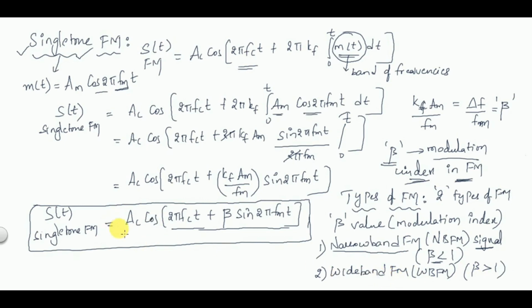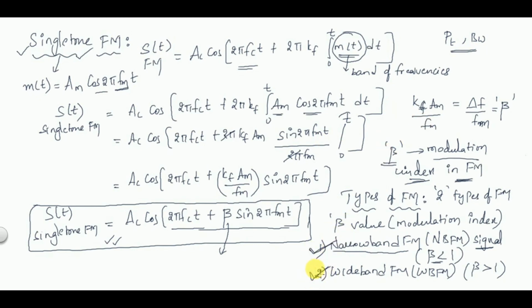If a standard time domain equation like this is given to you and you are asked to find different parameters, which we'll discuss later, the first thing you have to do is find the value of beta, so that we can classify it as either narrowband FM or wideband FM, because both FM signals have different formulas for calculating the total power and bandwidth. So for calculating PT and bandwidth, we have different formulas for NBFM and WBFM.